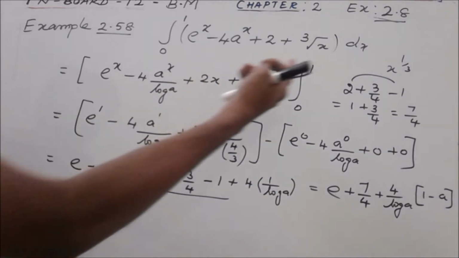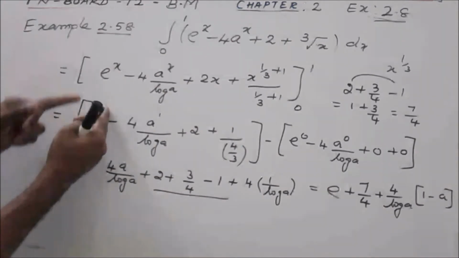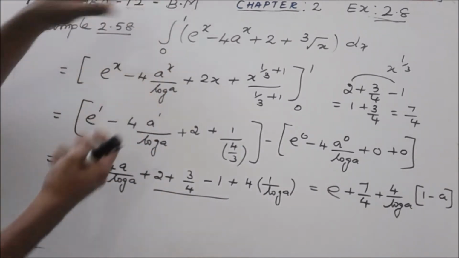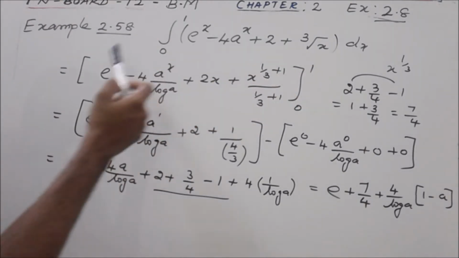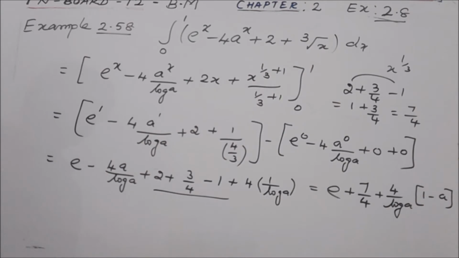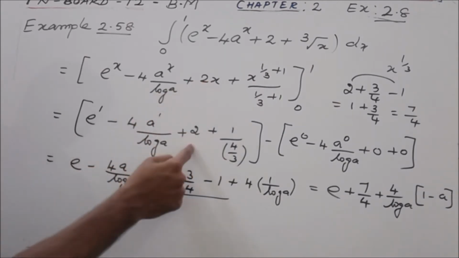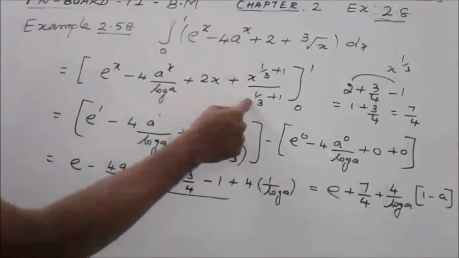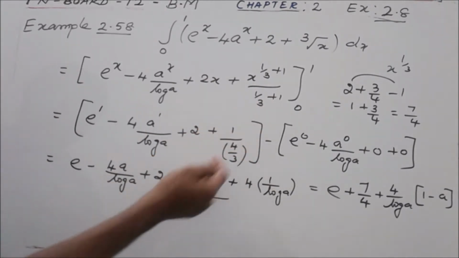Here, substituting the upper limit, e power 1 minus 4 a power 1; here there is no x. Substituting 1 for x, all the terms in x, we should substitute the upper limit value 1. Here 2 into 1 is 2, then 1 power anything is 1, then 1 by 3 plus 1 is 4 by 3.